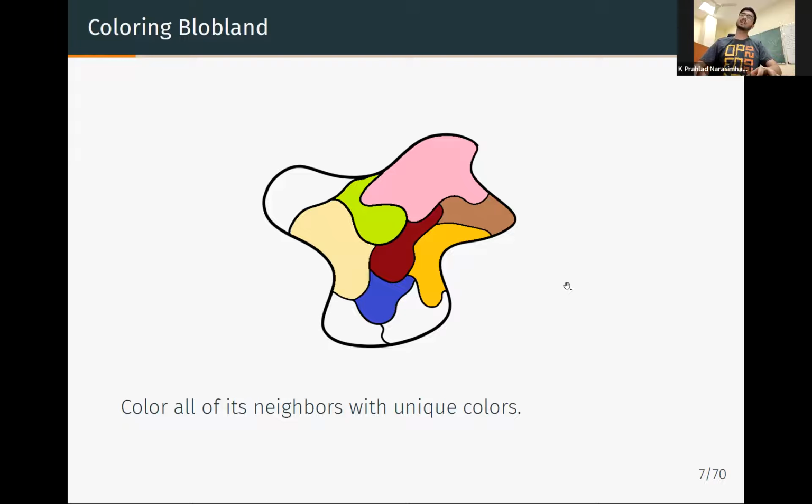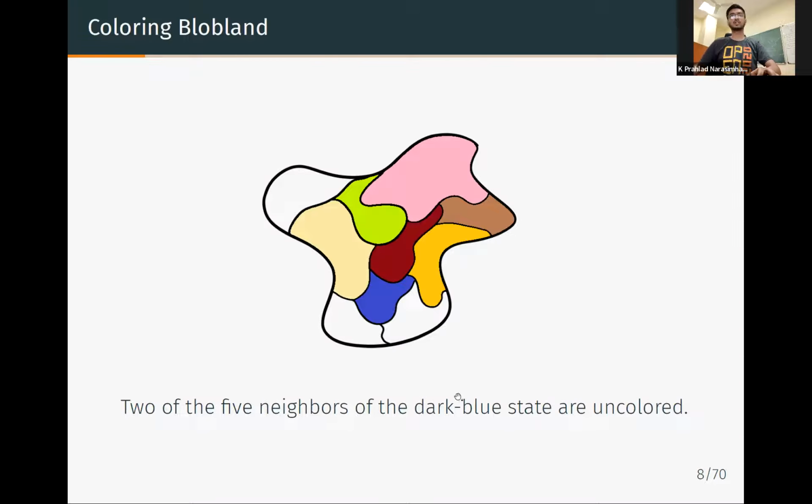Now look at the uncolored states. These bottom 2 states are neighbors of the blue state, and they are uncolored. Look at how many colors I've used in its neighbors and itself: 1 here and 3 already.